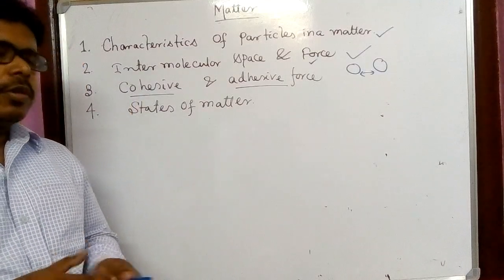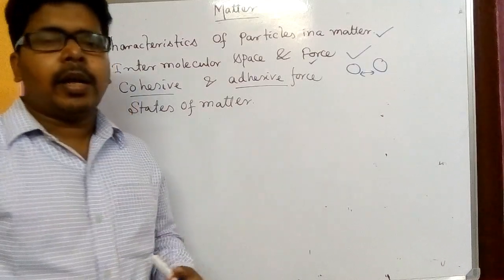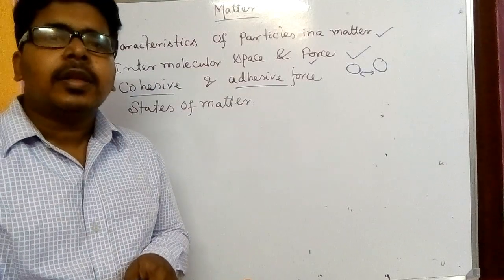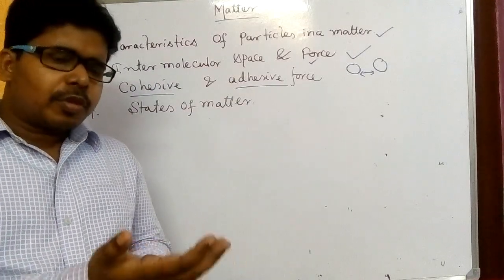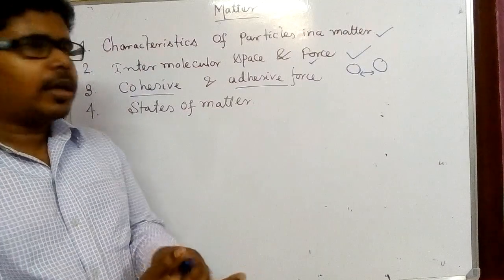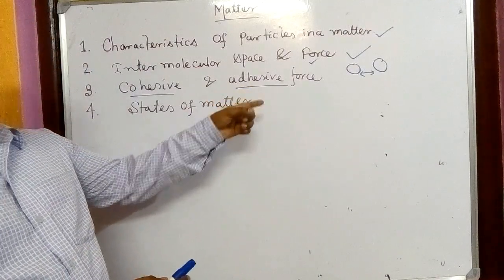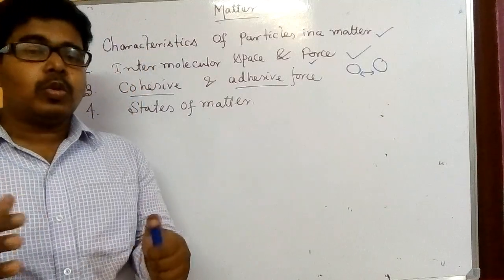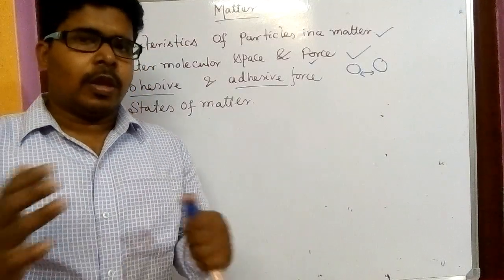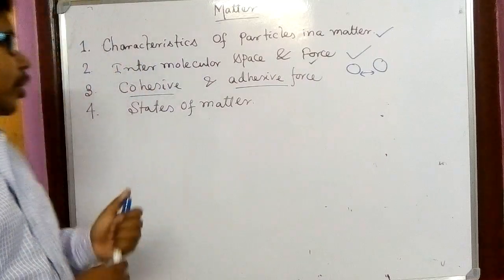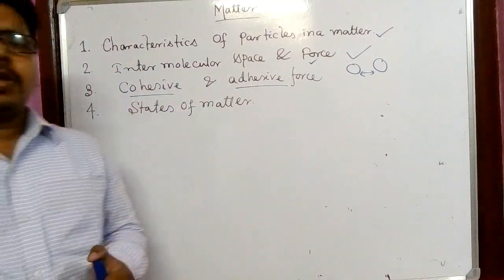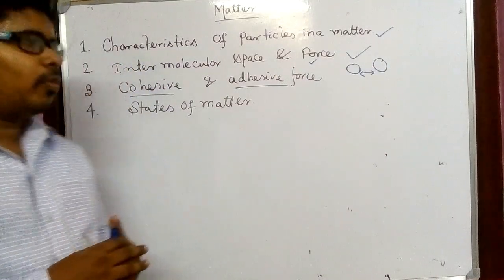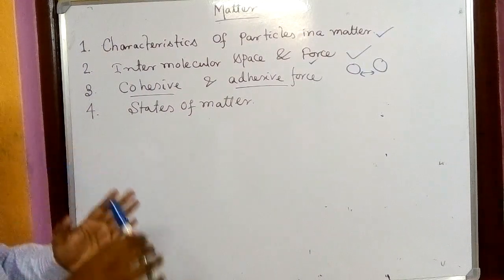But if I put our hand in water, our hand is wet, because there is an attraction between our hand and that water, so that is adhesive force. Adhesive force is attraction force between two different kinds of molecules, and cohesive is attraction between two same kinds of molecules.